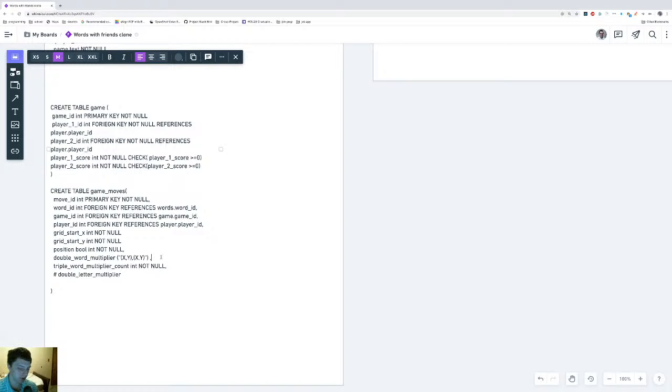If we kept it simple, we could have the client or server identify whether it was a word score or a double word score, because we can encode where it starts and whether it's horizontal. Something like that.